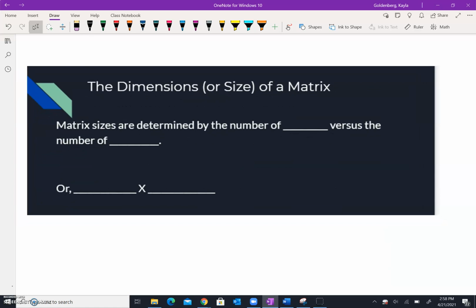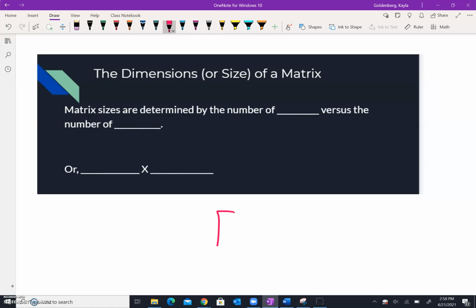The next thing we're going to talk about is the dimensions or the size of a matrix. So I'm going to draw a matrix here, and I'm just going to put numbers like 1, 2, 3, 4, maybe 5, 6. Like I'm just kind of making some random numbers.